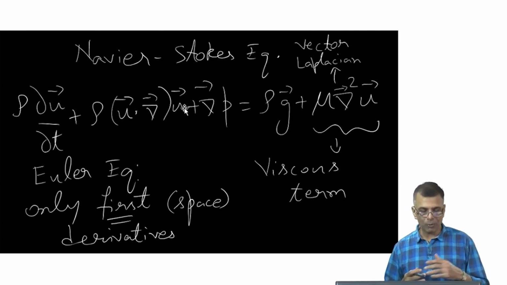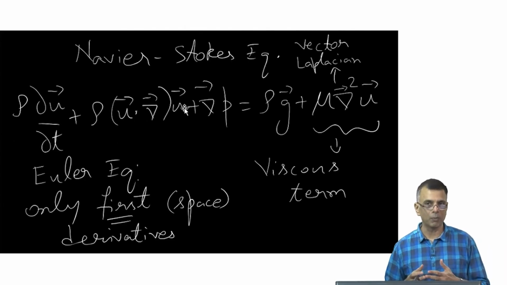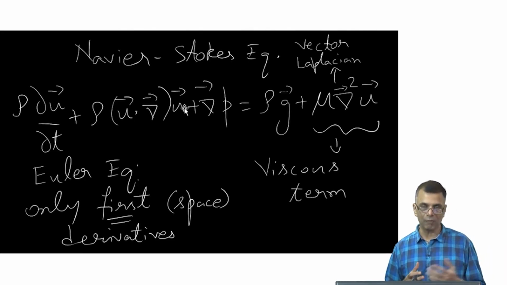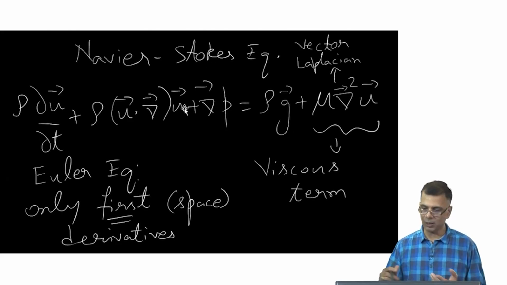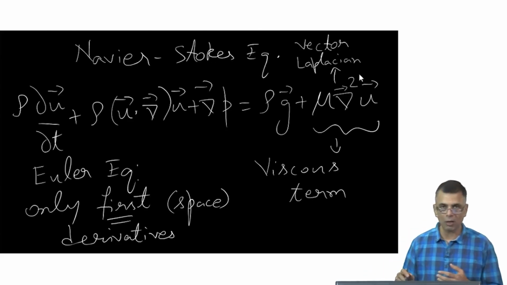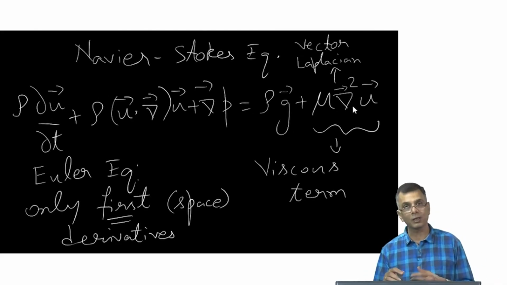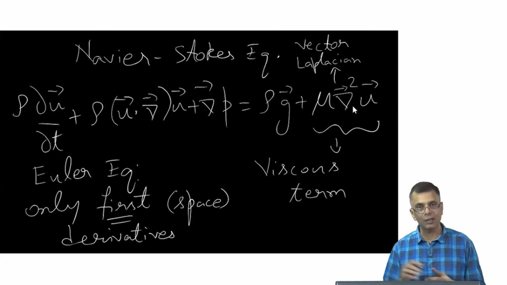Far away from the body, the flow might well be inviscid to a very good approximation, because there is not much scope for change in velocity, and definitely not for second derivatives.